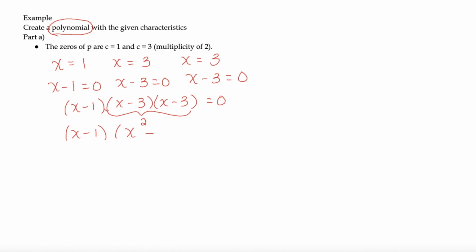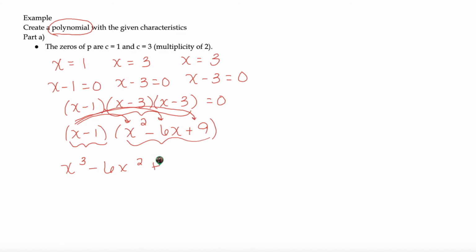So using our ideas of what we know about polynomials to quickly multiply, and then ultimately distribute the binomial by the trinomial. So I'll distribute my x first to each item, gives us x cubed minus 6x squared plus 9x. Now we'll distribute the negative 1: minus x squared plus 6x minus 9.